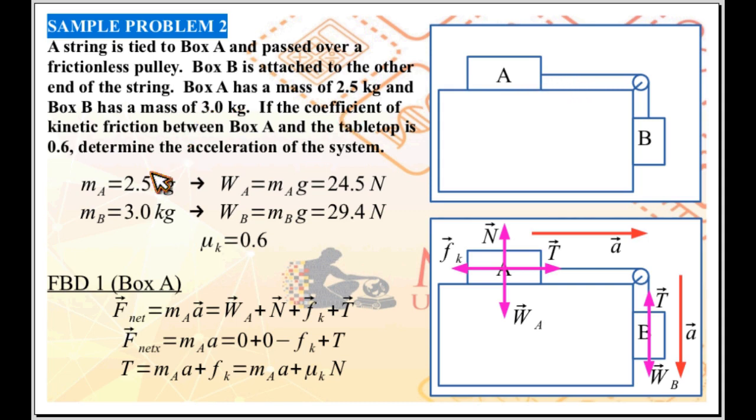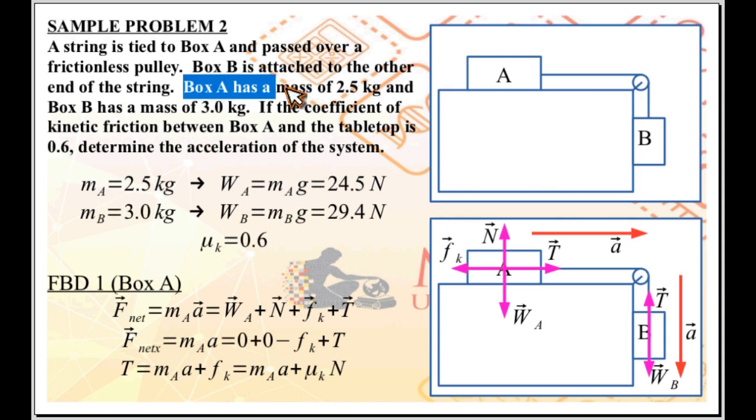You have mass A. Mass of box A is given, 2.5 kilograms. And once again, knowing the mass, you are able to determine the weight magnitude of the object. Weight is just equal to mg. So knowing mA to be equal to 2.5 kilograms, we can easily calculate weight A magnitude to be 24.5 newtons.